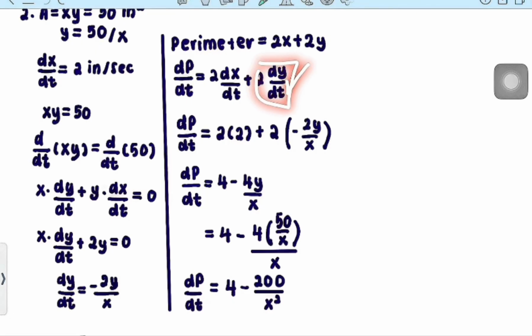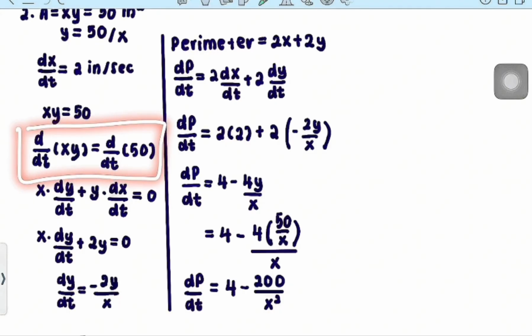So we start from x times y equal to 50. We need to differentiate both sides with respect to time. For this side we need to differentiate by using the product rule, and this side just differentiate by using the basic differentiation.